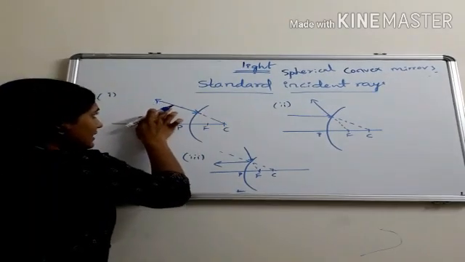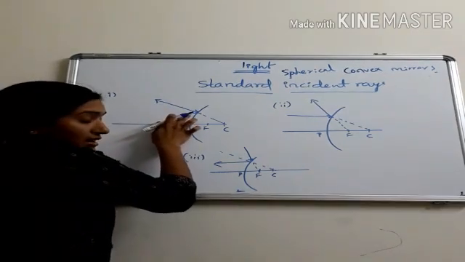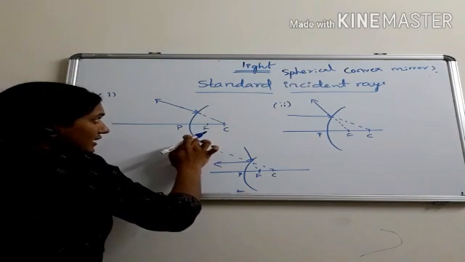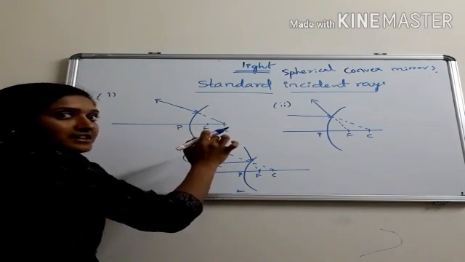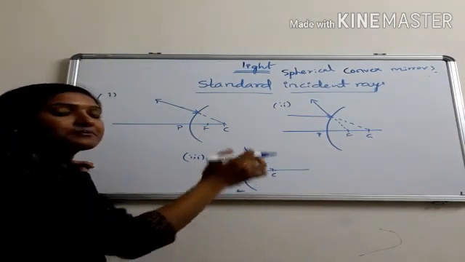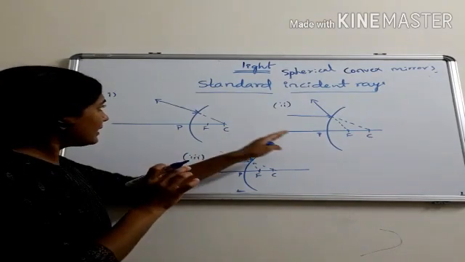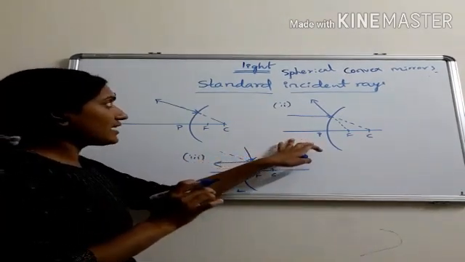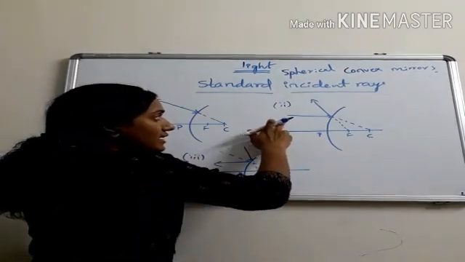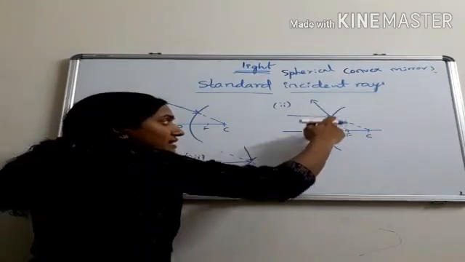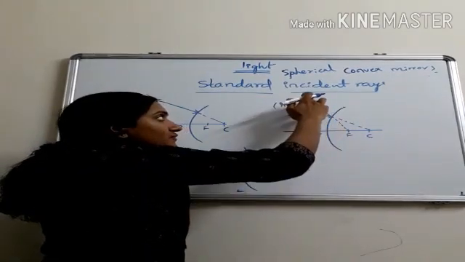So this is a light ray passing and incident on the spherical convex mirror. Then this incident ray will be at 0 degrees and the reflected ray will also be at 0 degrees. And then coming to the second standard incident ray, when the light ray is incident on the spherical mirror, it is getting reflected back.